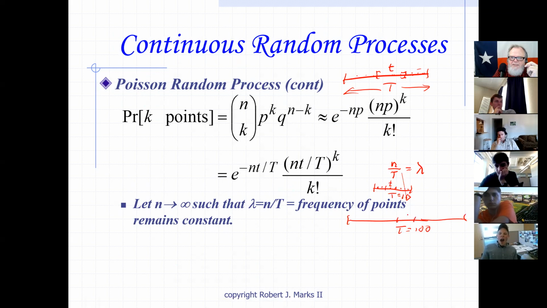We're going to keep little t the same, but now instead of 10 points on here, we're going to put 100 points. Over here, we put n equal to 10 points, so that the ratio of the number of points to T is 1. Here, the ratio is still 1 to 1. And we're just going to let this value of T get bigger and bigger while keeping the interval of little t exactly the same.